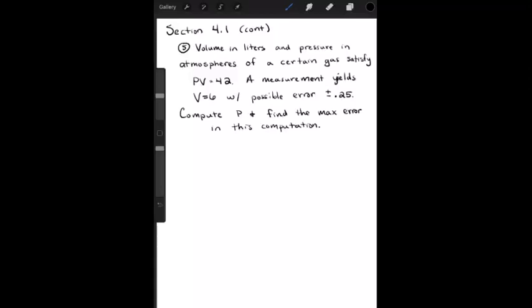Right? So one thing about word problems like this is that when it says compute P, it means based on our measurement, what should P be?